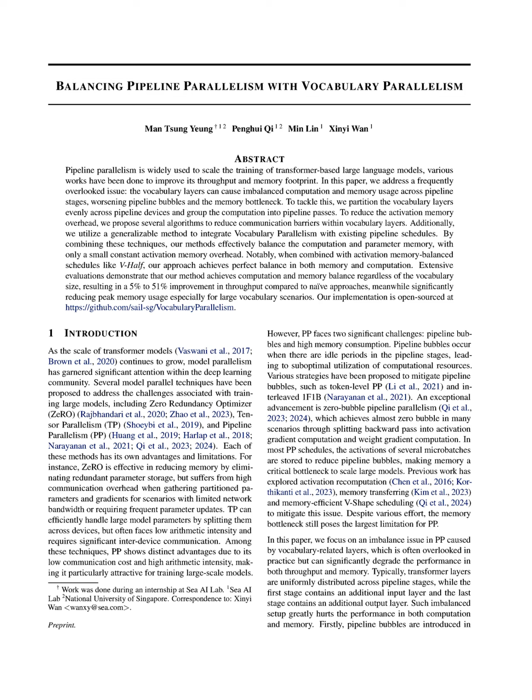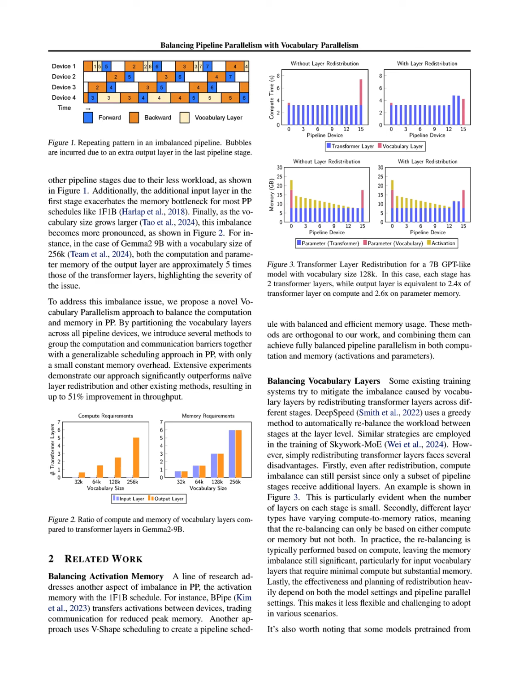The key advantages of using vocabulary parallelism, VP, over existing methods like zero, tensor parallelism, TP, and naive layer redistribution are primarily centered around improved throughput and balanced memory usage. VP effectively addresses the imbalance caused by vocabulary-related layers, leading to up to a 51% improvement in throughput compared to naive layer redistribution.